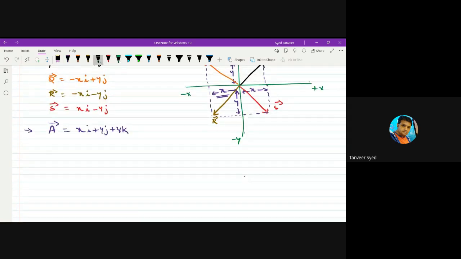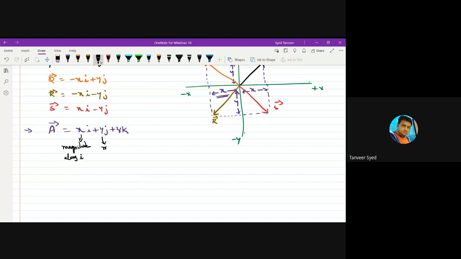This means the value of vector A along direction of i is x, or value means magnitude, magnitude along i direction.